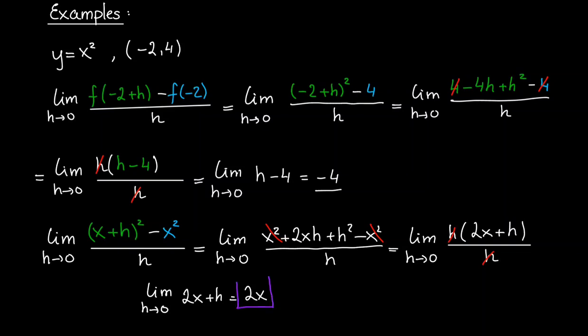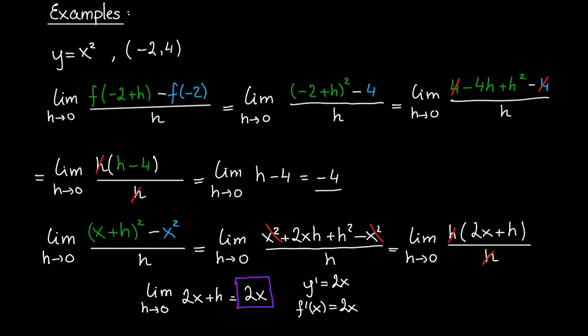And this right here would be our derivative. We can denote it in 3 different ways. We can write y prime is equal to 2x. We can write f prime of x is equal to 2x.